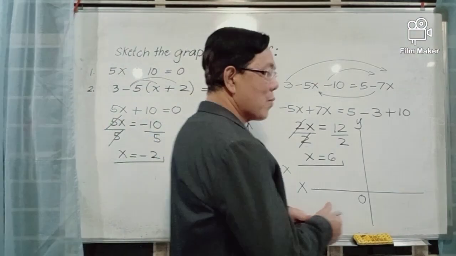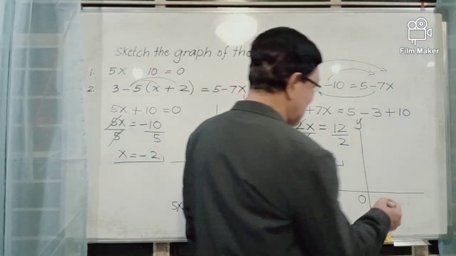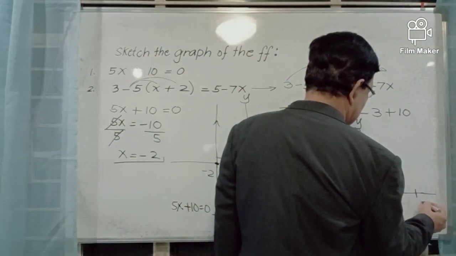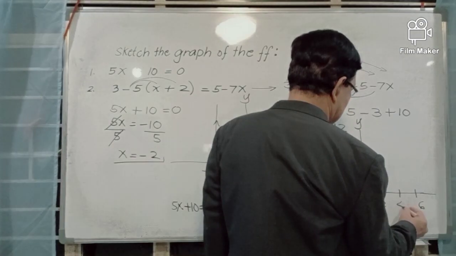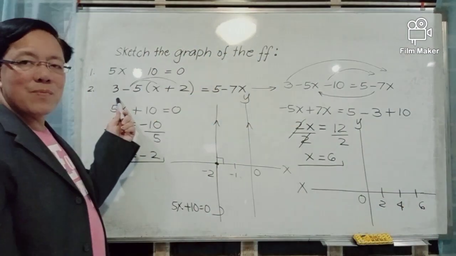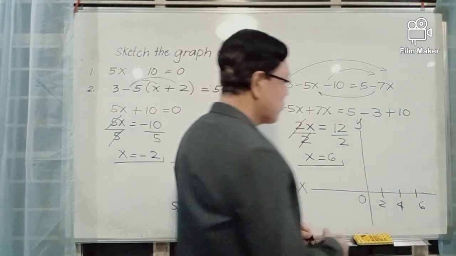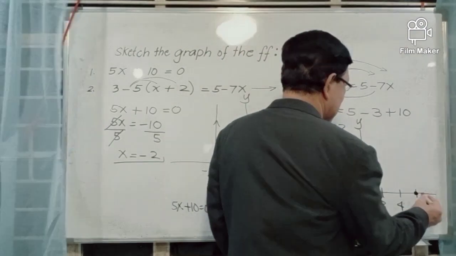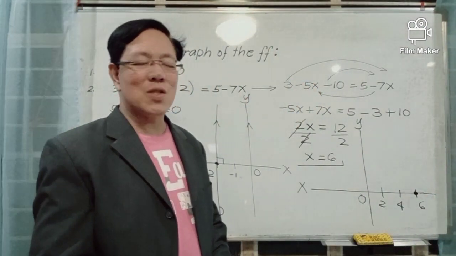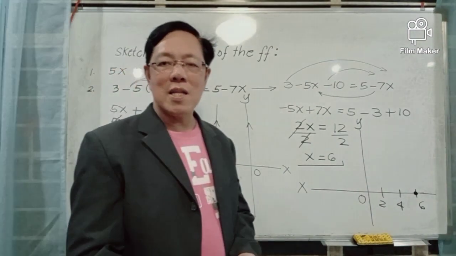And we do that. I will use 2-unit intervals for the horizontal axis. 2, 4, 6. Again, the graph of this linear equation in x is a vertical line, and it will pass through this point 6, which represents the solution of this linear equation in x. And the line is vertical.